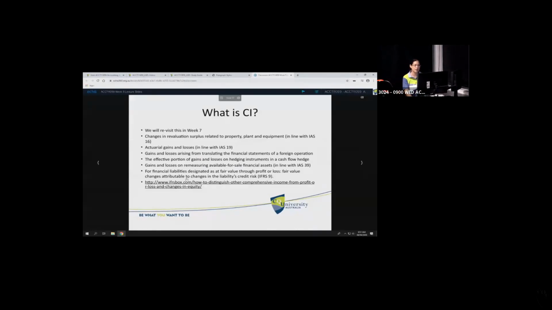Okay, so it includes things like, and so these dot points on this slide are the main ones I've picked out based on some of the financials that I commonly get through every year. So you'll see things in your comprehensive income, such as changes in revaluation surplus relating to property, plant and equipment, actuarial gains and losses, gains and losses from translating financial statements on your foreign operations, effective portions of gain and losses on hedging instruments, okay, such as cash flow hedges.